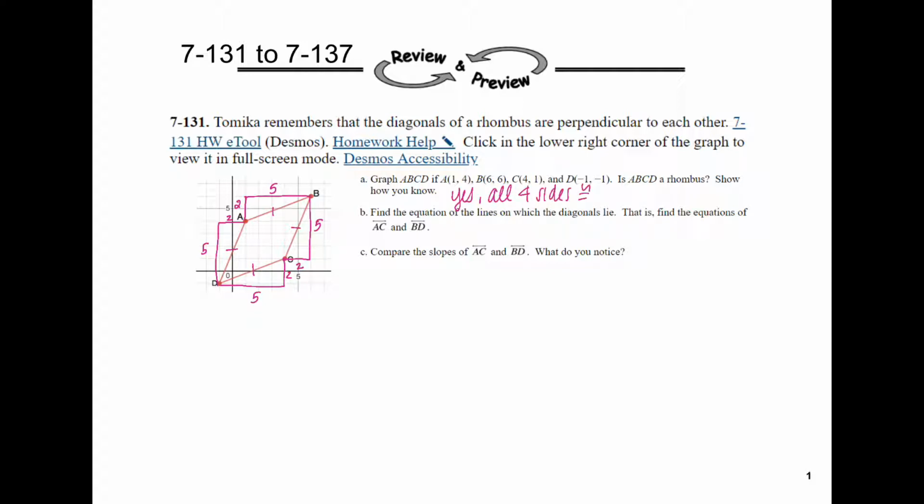Find the equation of the lines on which the diagonals lie. That is, find the equation of line AC and BD.